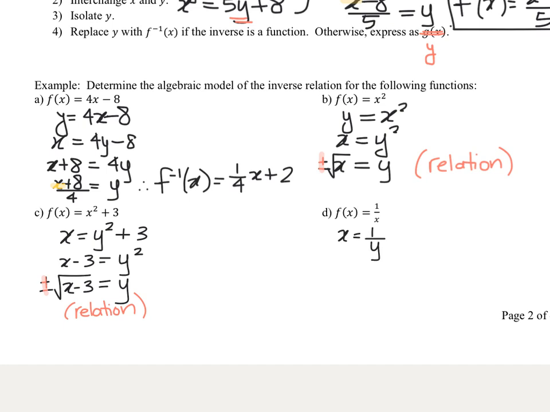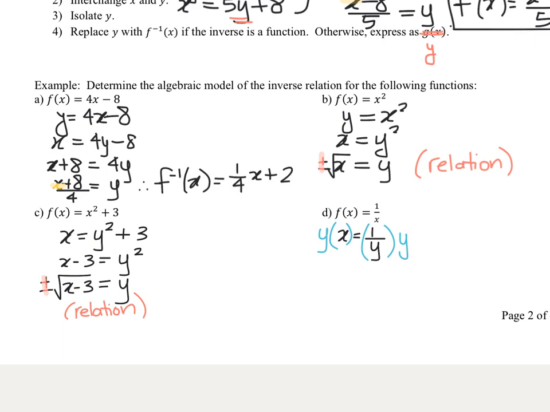Now, in order to isolate for this new y that we have, what we're going to do is multiply both sides of this new relation by y.